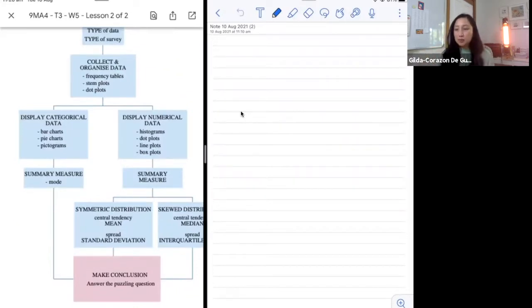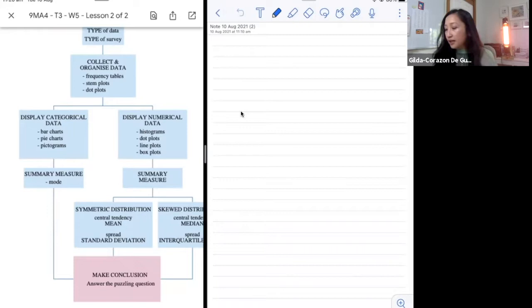So if you want to figure out the most popular takeaway food, then it won't be numbers, so you won't be able to add them and divide by the number of scores, but you would just figure out the one with the highest frequency, and that would be your mode.